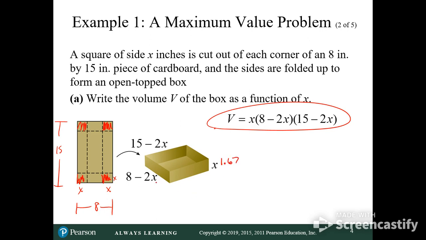2 times 1.67 is like 3.3 repeating. So the side of this would be 4.67, and this side would be 11.67, something like that.